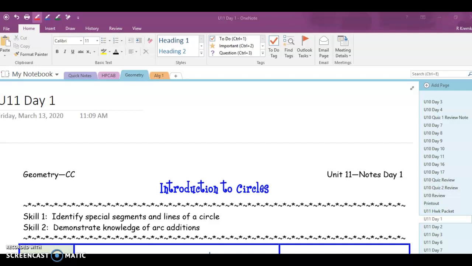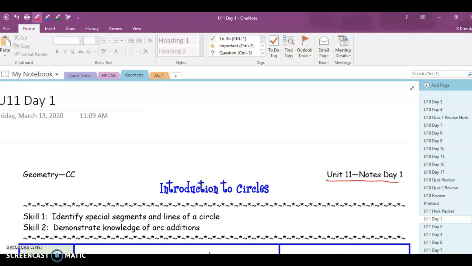Hello class. So today we're going to recap the Unit 11 Day 1 notes. We took these the last time that I saw you, on that Friday the 13th. If you weren't here on that day, the notes are posted on Canvas.